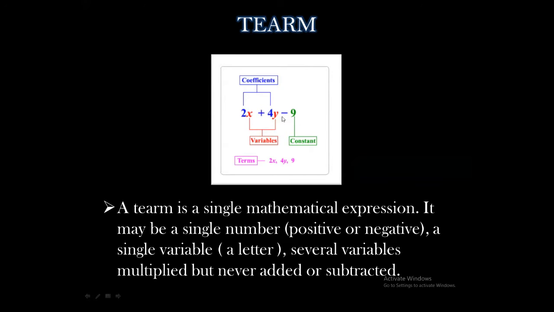Here we have a constant and these two are variables. And here we have terms as 2x, 4y and 9. These are separated, this is one term, this is another, and this is another.